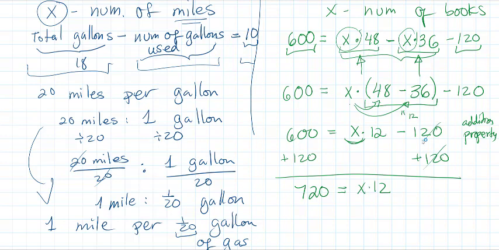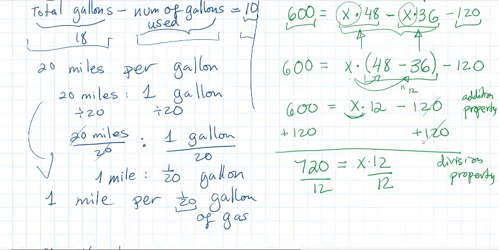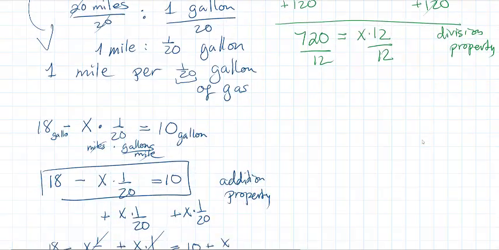Okay, one more step. Let's use the division property and divide both sides by 12, right? We will divide both sides by 12 just by writing the fraction line. Okay, so we have 720 divided by 12 equals x times 12 divided by 12.